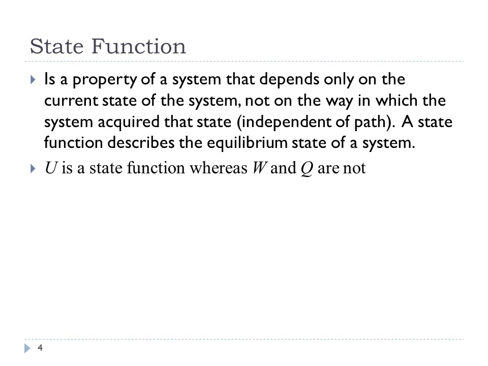Another definition I want to point out before we get too far is a state function. A state function is a property of a system that depends only on the current state of the system and not on the way in which the system acquired the state. So a state function describes the equilibrium state of a system.